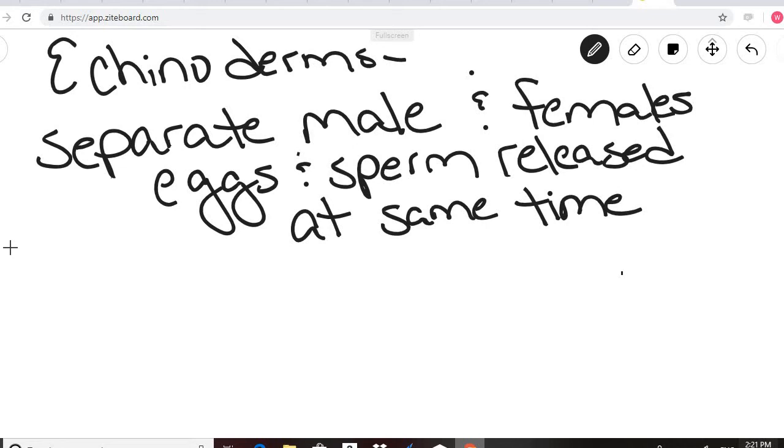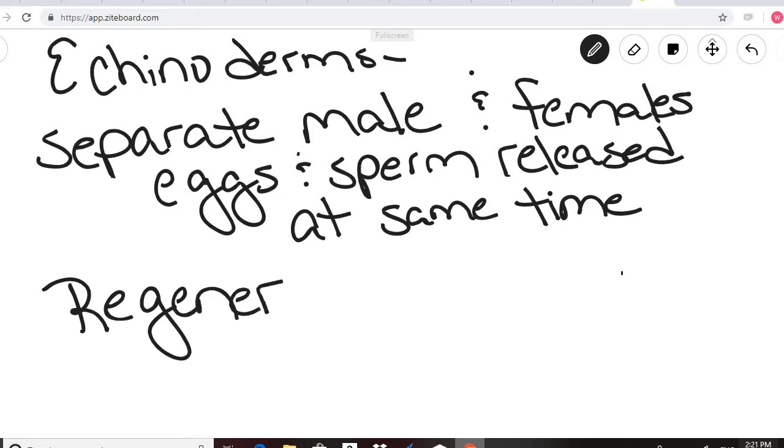However, they can also regenerate as a means of reproducing. So if one of the arms comes off of a sea star, that arm can grow into a new sea star, and the one that lost the arm can also just regenerate its arm.